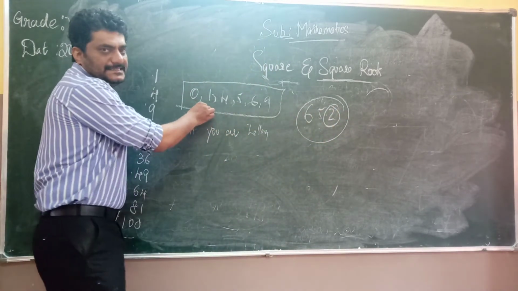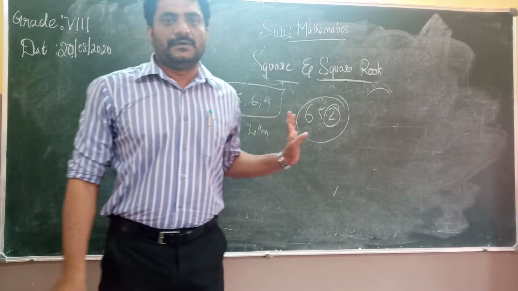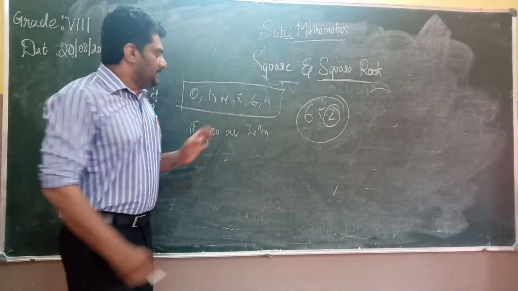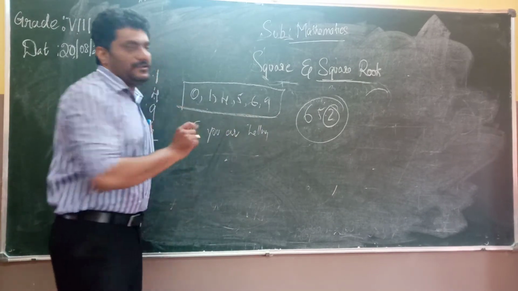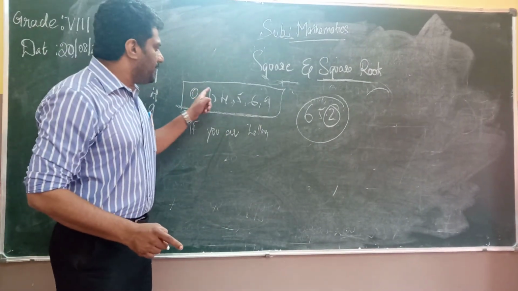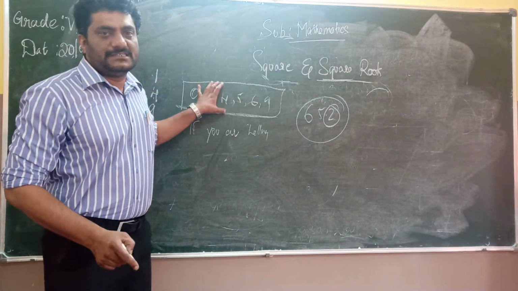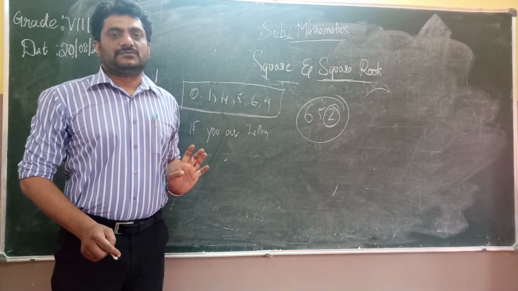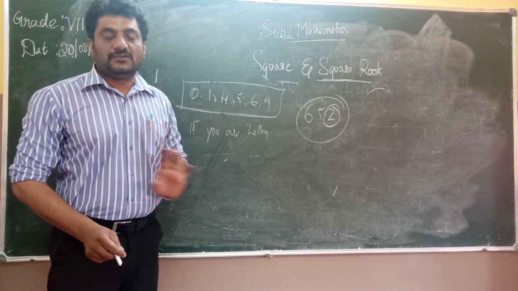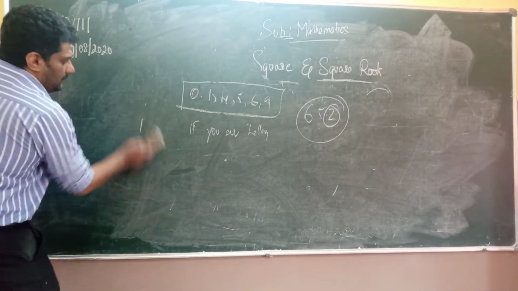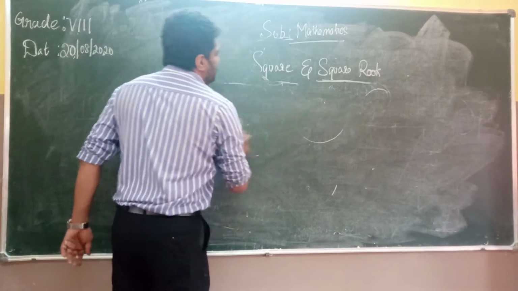Do we add that to the list? That means it is not a perfect square. Without any kind of calculation, you can directly tell. Whenever you are checking for a perfect square, ensure any one of those numbers are there. If you have this, then it is a perfect square. If you do not have, then it is not a perfect square. This is the first property.